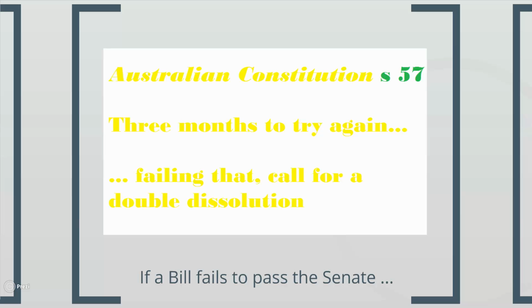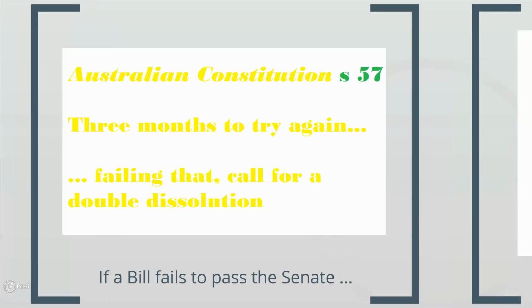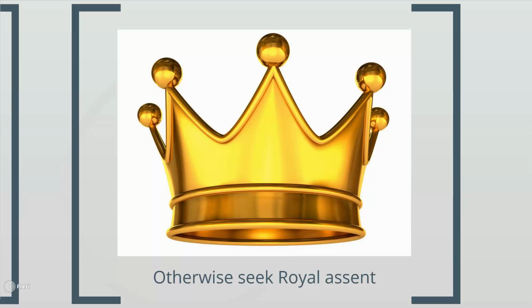However, if it fails to pass the other House, it can either be rejected outright and the government will take the bill away and draft it and start the entire process again, or, particularly if a bill's been created in the lower House, passed through the lower House where the government has the majority, sent to the Senate, which is the House of Review, and rejected, it can be sent again 3 months later. If it's rejected a second time, the Prime Minister can call for a double dissolution, dissolving both Houses of Parliament.